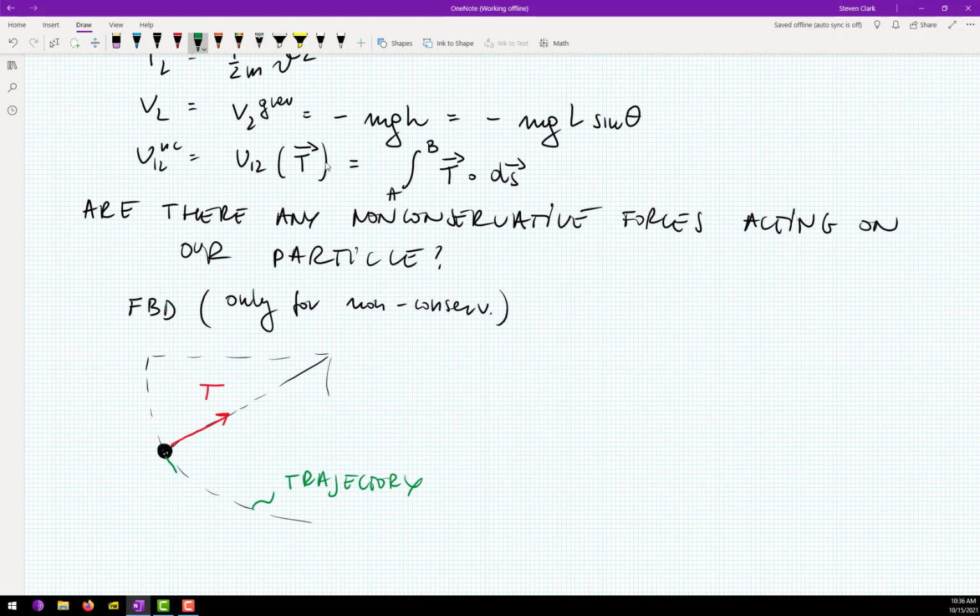Our ds is always tangent to the trajectory. What angle is here? 90, exactly. Our tension is perpendicular to ds. So this is 0, and our integral is also 0. So the work of non-conservative forces is 0 in that case.